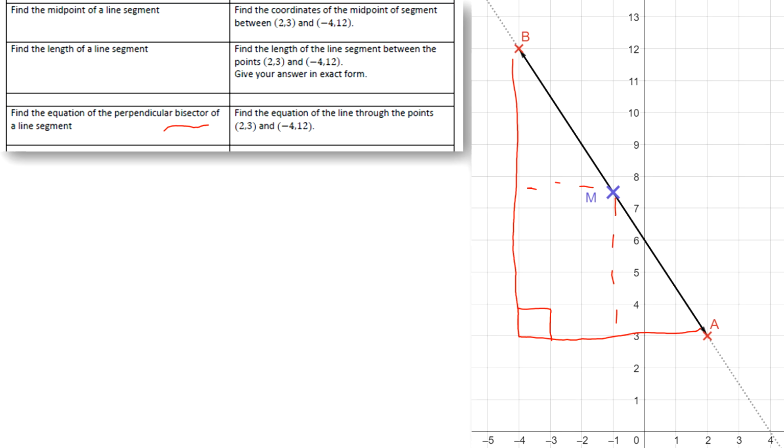And then the perpendicular section of it is suggesting that what we need to be doing here is finding a line that is at right angles to the line we've already got. So imagine drawing a line through that midpoint that is at right angles to the line we already have. If we've got tools for calculating perpendicular gradients, and we've got a tool for going from a gradient and a point to the line equation, then we're sorted.